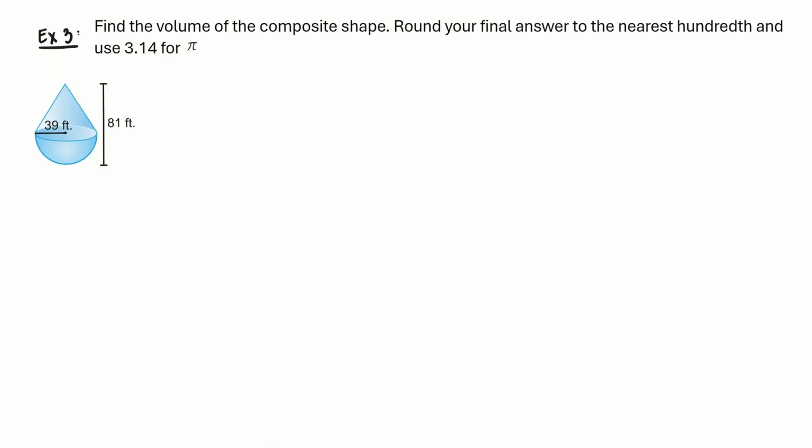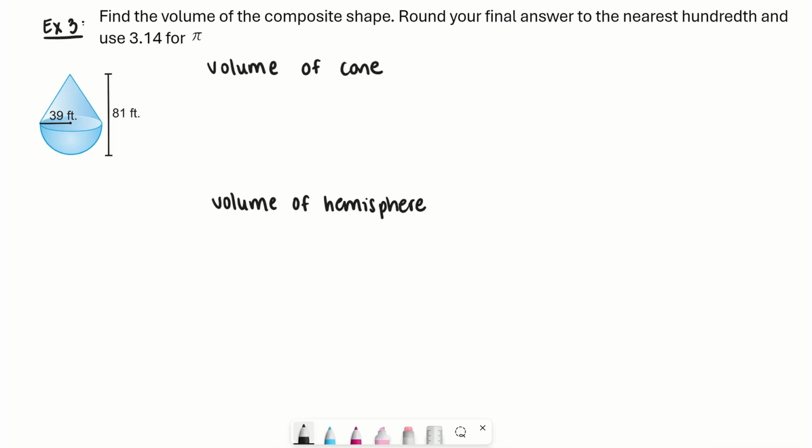Now let's find the volume of this composite shape. We are going to once again round our final answer to the nearest hundredth, and we're going to use 3.14 for pi. I see that my shape is made up of a cone and half of a sphere, which is a hemisphere. For the volume of my cone, that is 1/3 pi r squared h. I see that my radius is 39.